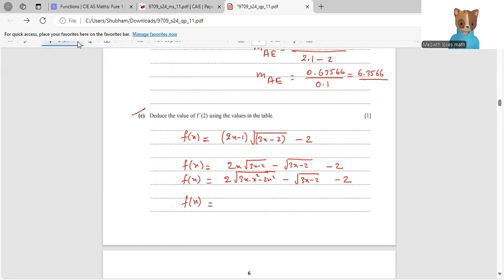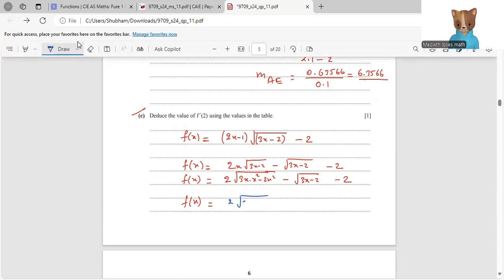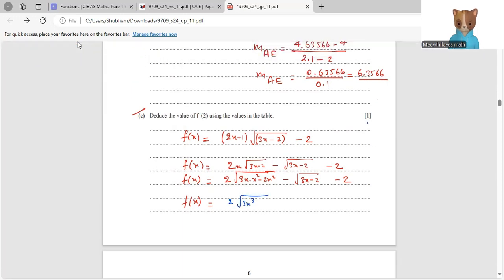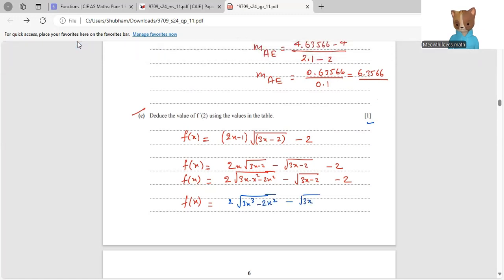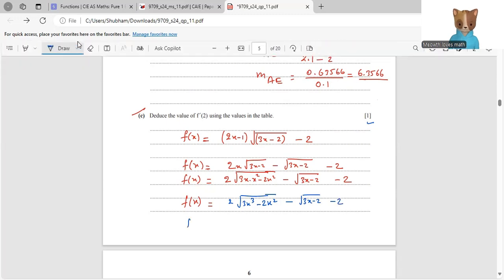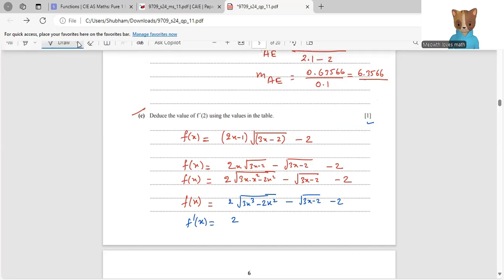Now, this basically becomes under root (3x cubed minus 2x squared). It is just for 1 mark, so it's taking long for me because I'm not using a calculator. Again, I'm reminding you about this minus 2. So now if I differentiate this, what will I get? Under root derivative is how much?